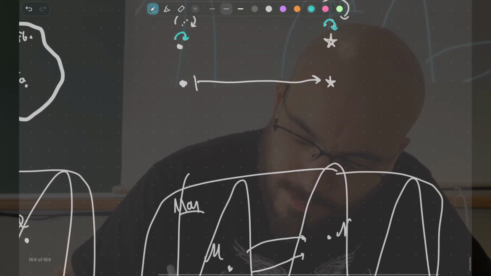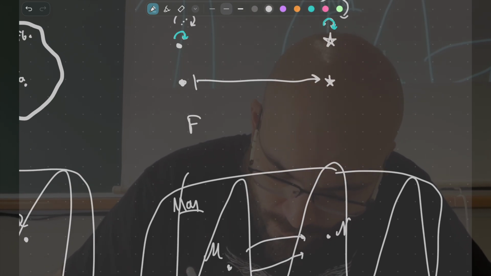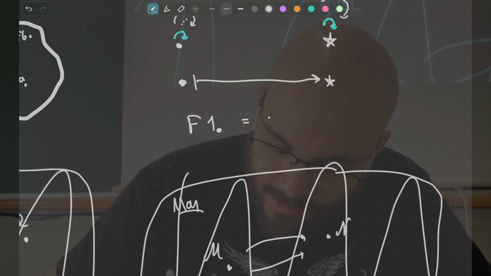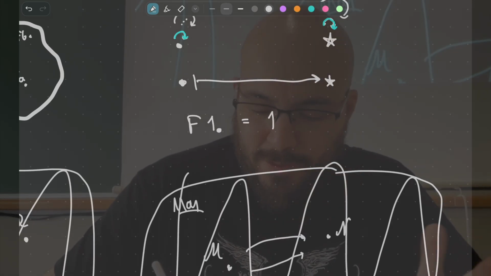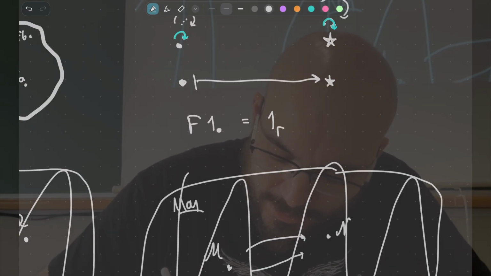I would write this like that: of the identity of the bullet, technically, if I want to be faithful to what the law says, this has to be the identity of F of the bullet.